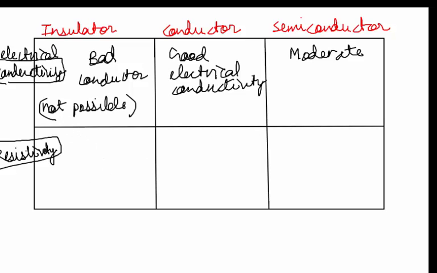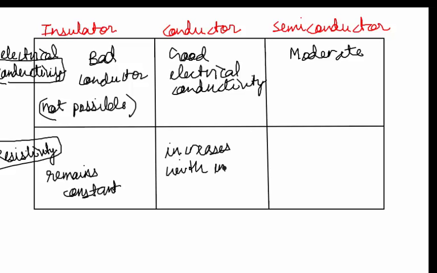We can say that the resistivity of an insulator remains constant at all temperatures. Whereas in conductors, we know that superconductors are usually at very low temperatures, so we can say resistivity increases with increase in temperature.